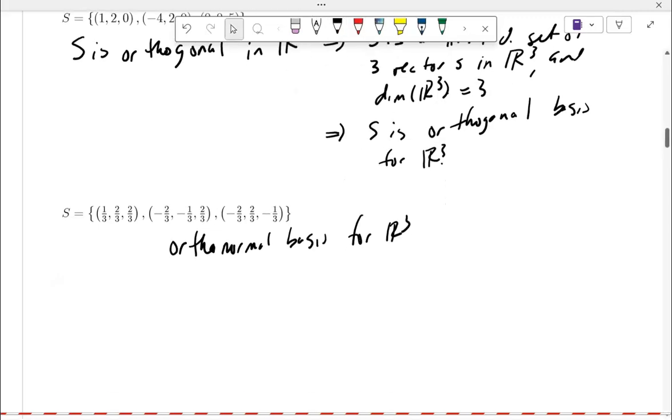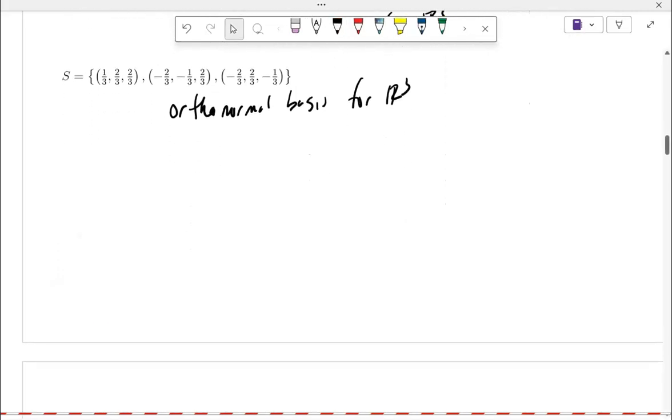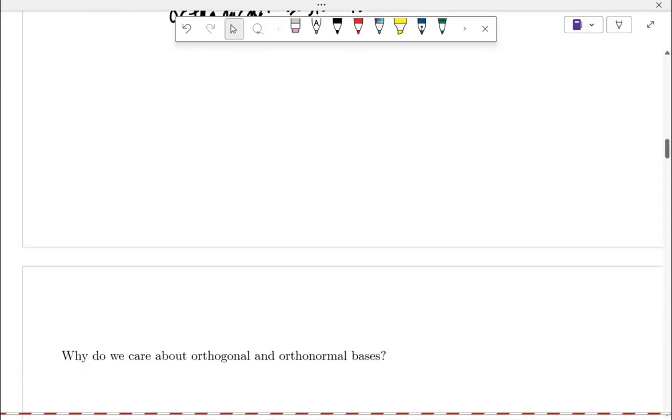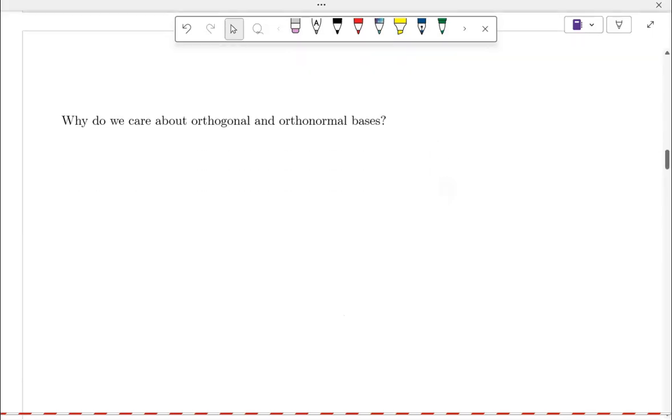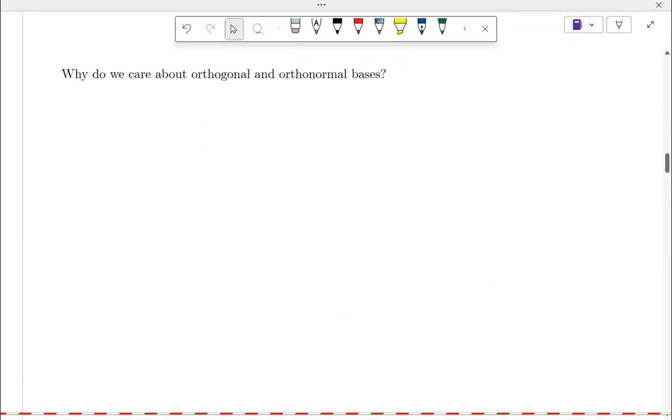So our goal going forward is to talk about how we create orthonormal bases from regular ones. And the idea is, why do we care? Let me write that down, why we care. Here's the why we care, and then we'll talk about how to find these things.